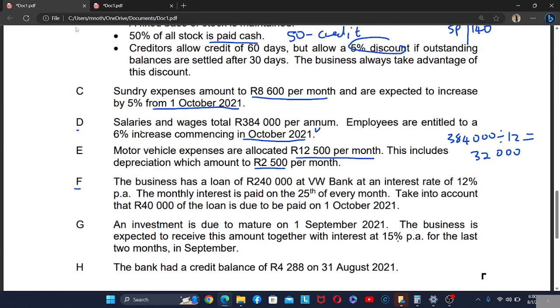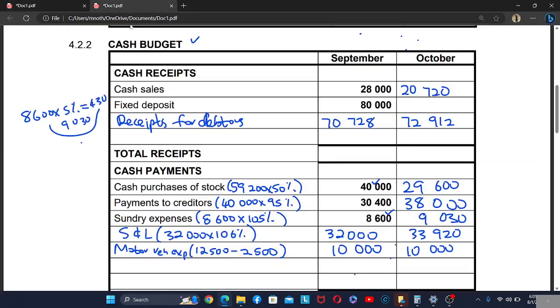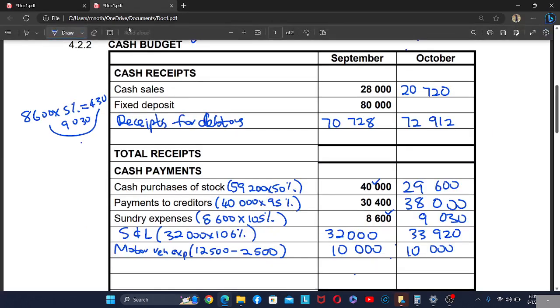Letter F. The business has a loan of 240,000 at VW Bank at an interest rate of 12% per annum. The monthly interest is paid on the 25th of every month. Take into account that 40,000 of the loan is due to be paid on the 1st of October. Now, interest on loan, this is also a payment.